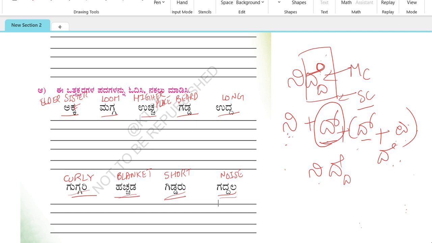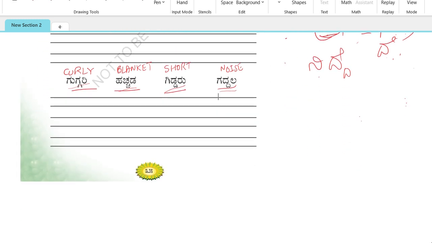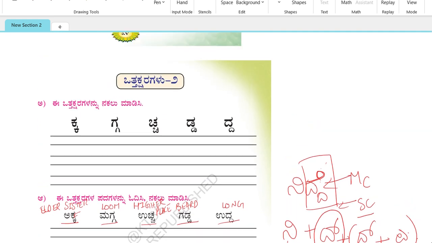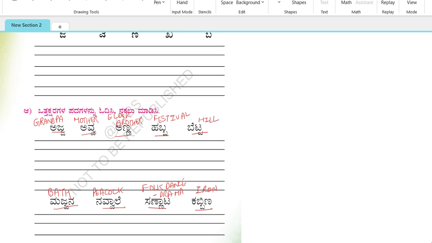Now we have a few more words to read. Ajja. Ajja is grandfather. Avva is mother. Anna is elder brother.